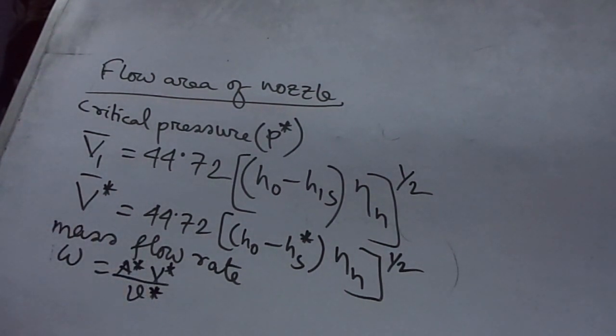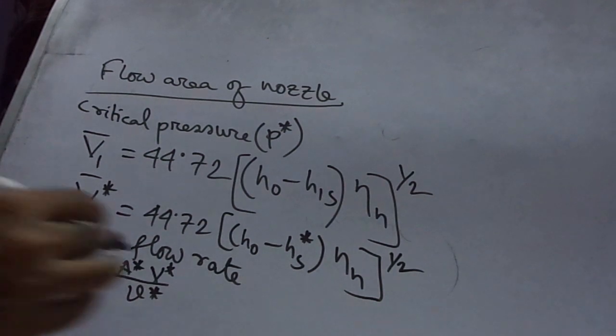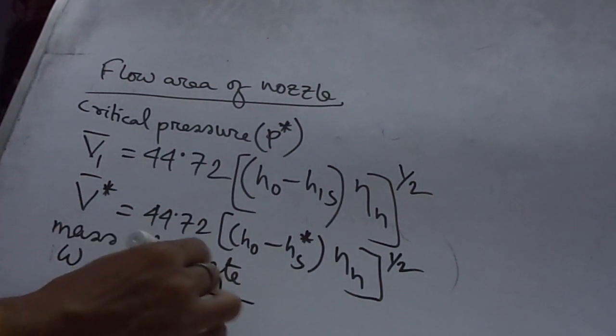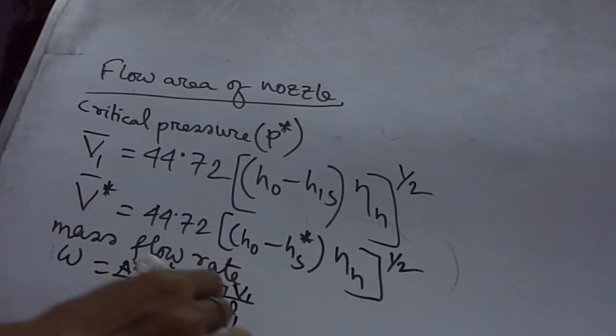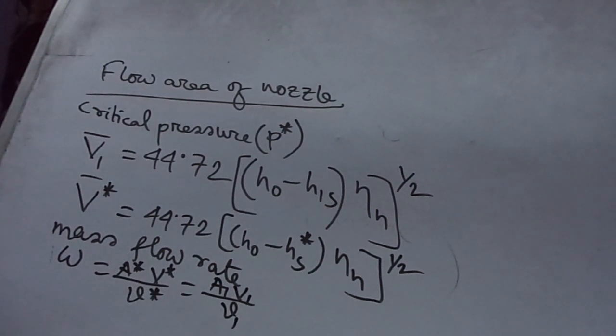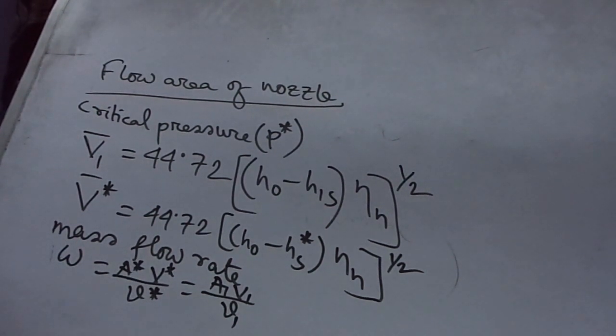Capital V is the velocity and small v is the specific volume. You may also write A1 V1 divided by small v1.